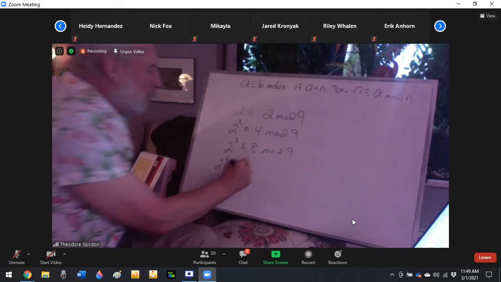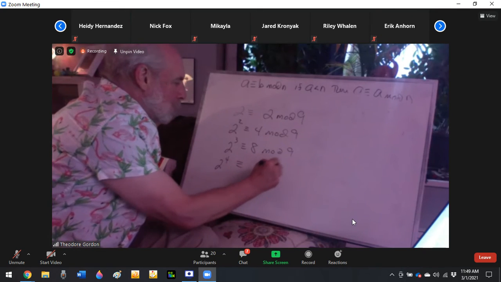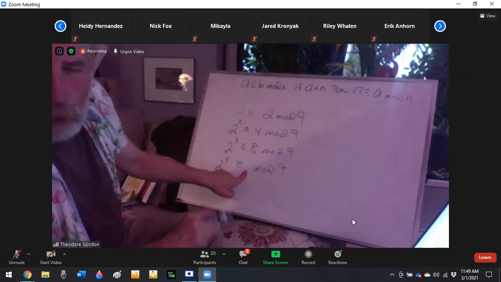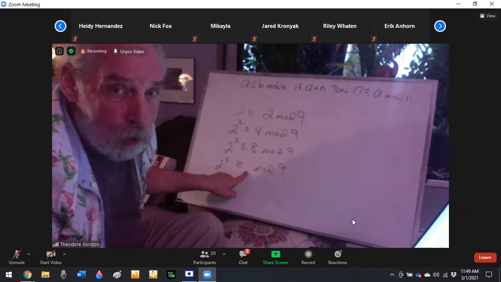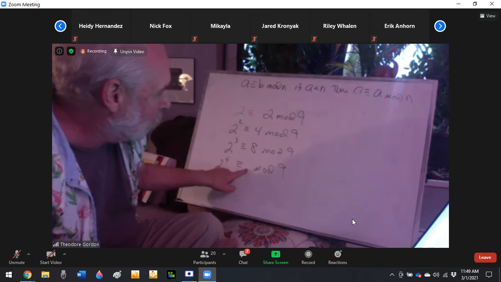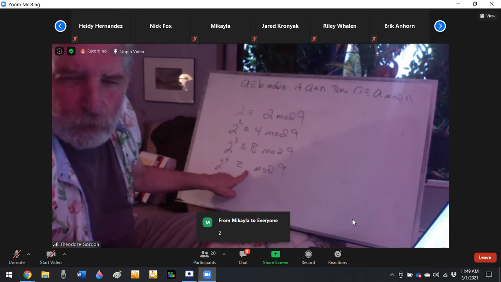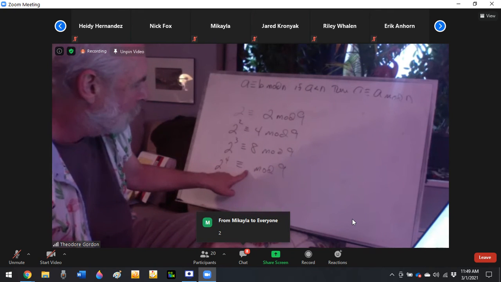So what's 2 to the 4th mod 9? What number goes here? I'm looking for the smallest positive number, the residue. So 2 to the 4th is?